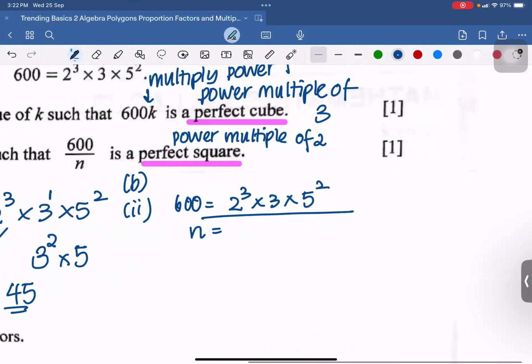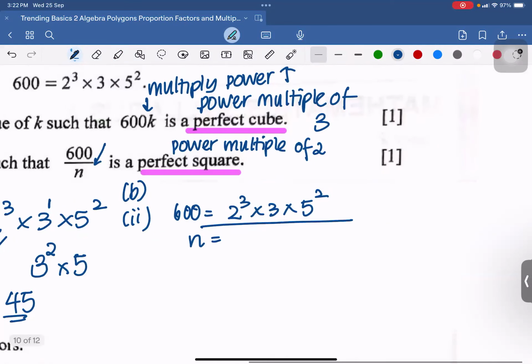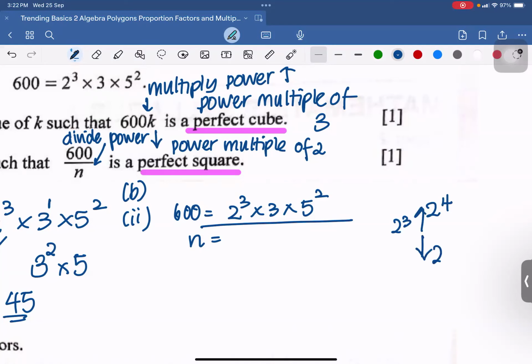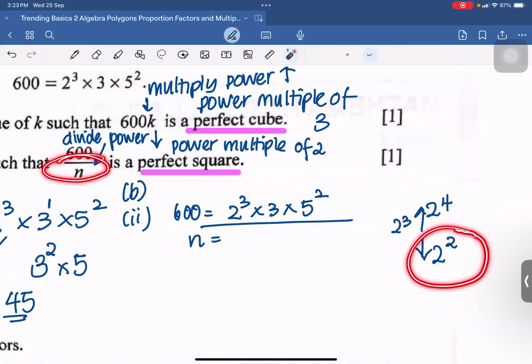When I have division, does the power increase or decrease? Decrease. So I'm making the power go down. Observe 2 cube first. Am I going to make it become 2 to the power of 4 or decrease the power to make it become 2 square? 2 square. Yeah, I want to make it become 2 square because I'm doing a division.